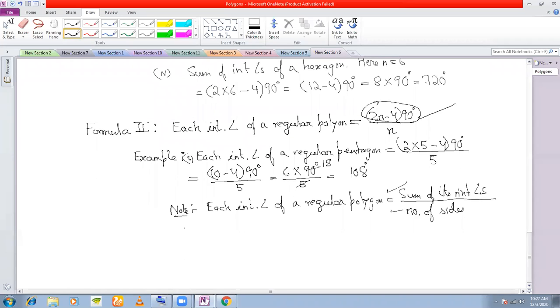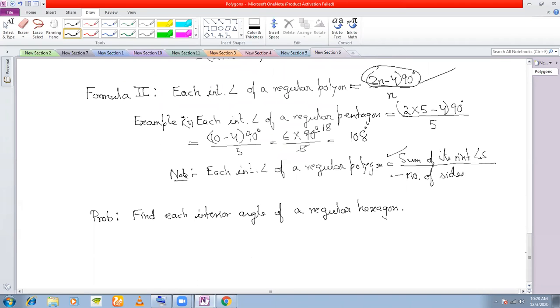So if you know the sum of the interior angles, you just divide it by the number of sides, you will get each interior angle. So for example, let us say I give you a problem here. Find each interior angle of a regular hexagon. How will you find?